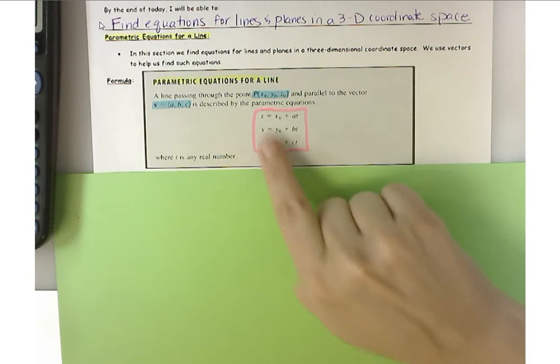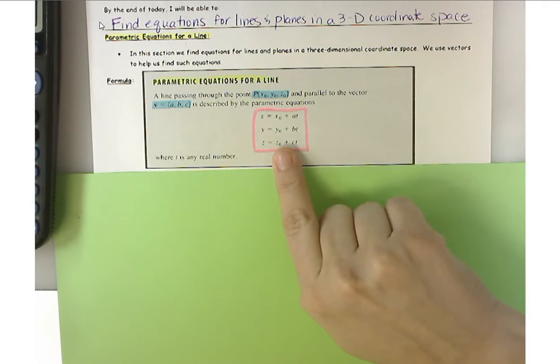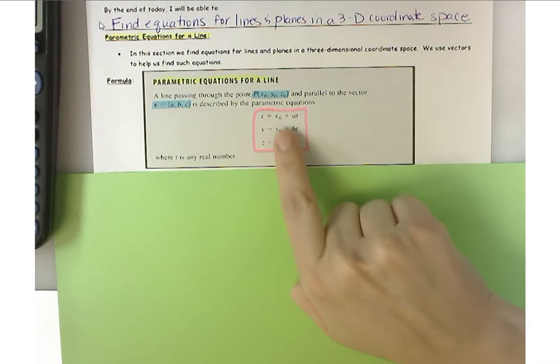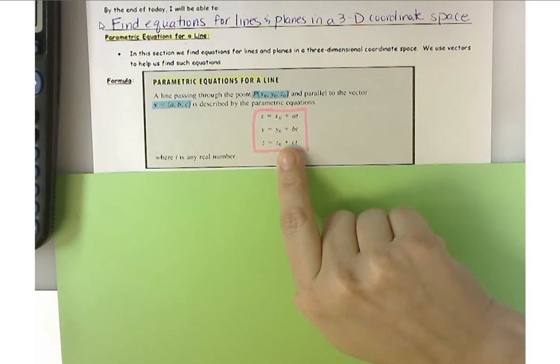In your parametric equations, though, how would we describe where those are? What do you guys think? How would you describe where a, b, and c are?